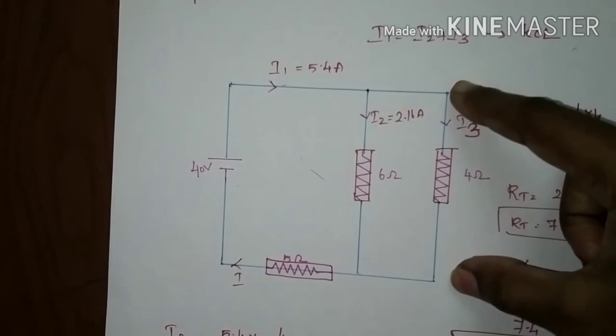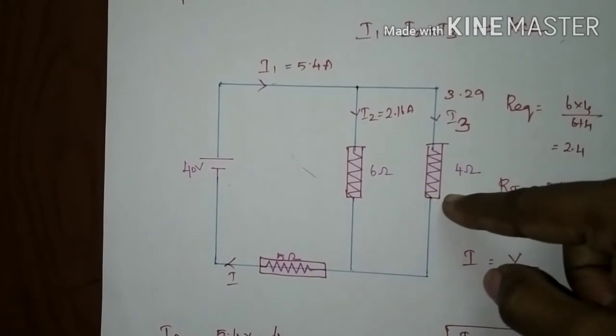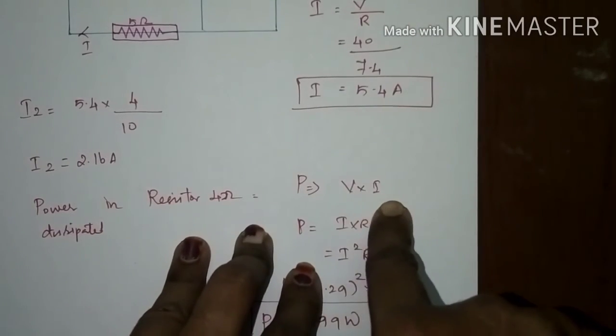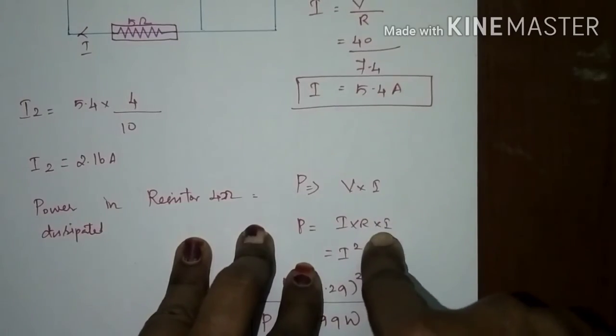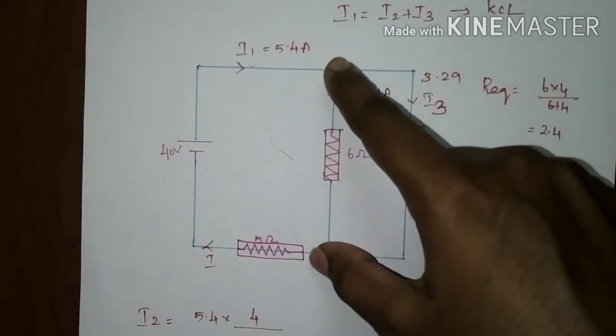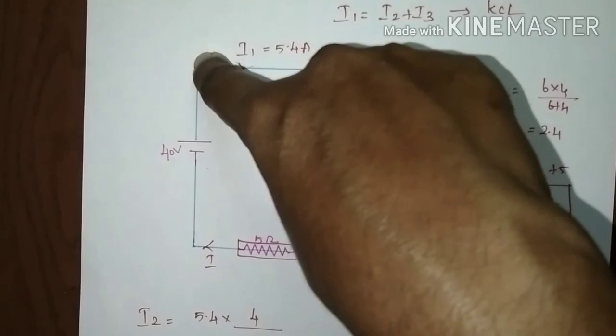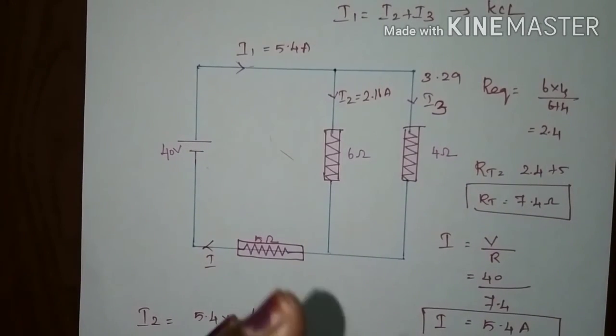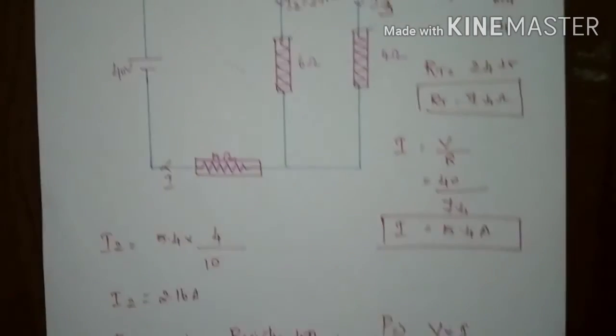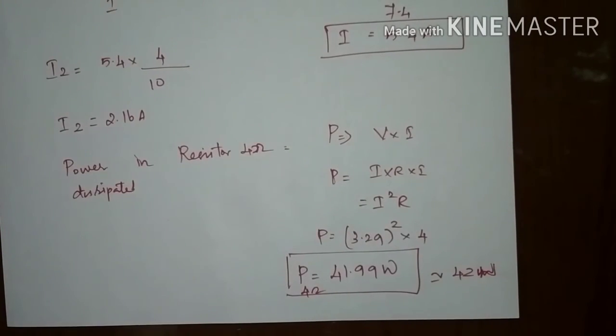If we find the voltage, we can find the power dissipation in the 4 ohm resistor just by multiplying voltage into current. But instead of finding the voltage drop, it is very easy to use the current division rule and then the power dissipation formula I square R.